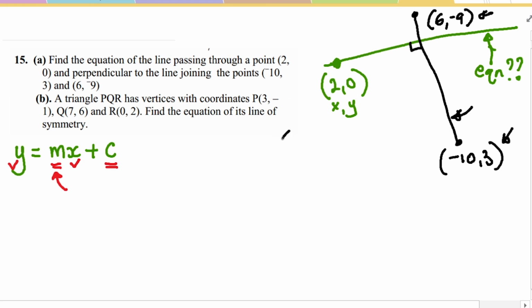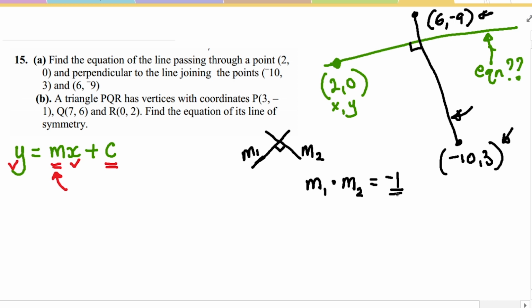If they meet at 90 degrees, the gradient of line 1 is m1, the gradient of line 2 is m2. When you multiply those two gradients, m1 multiplied by m2, they are supposed to give you negative 1.